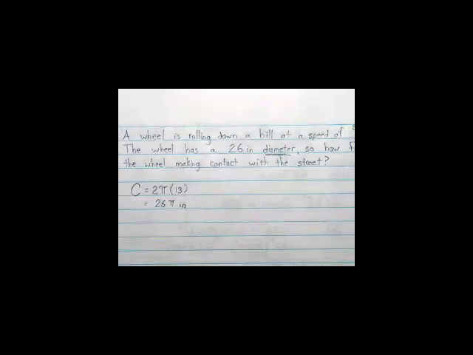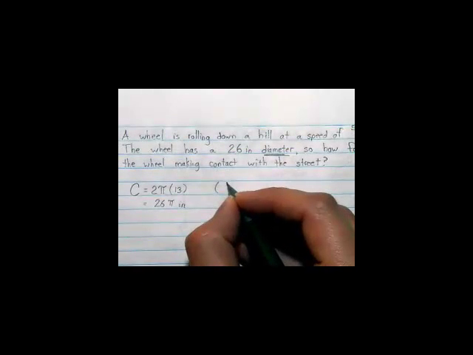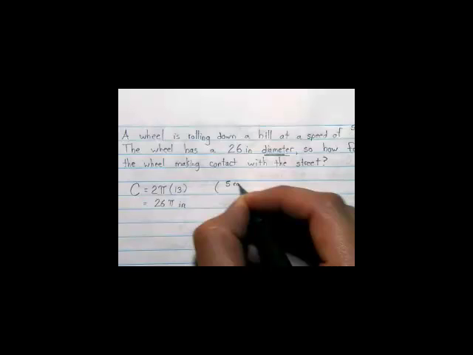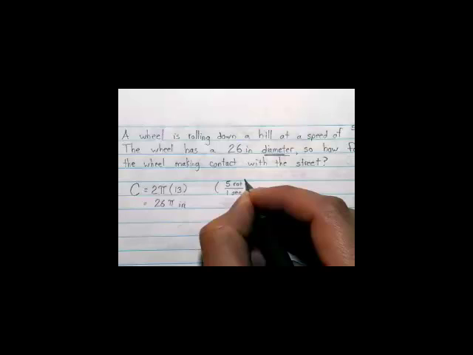Like I said, we want to get from rotations per second into inches per second. I've got 5 rotations every 1 second. But doesn't a circumference give me how far down the road the tire is going to go in 1 rotation? Think about that. In 1 rotation, the circumference touches the road exactly all the way around the wheel.